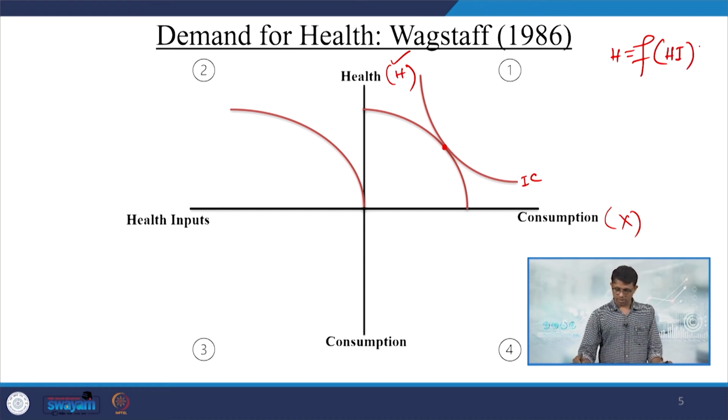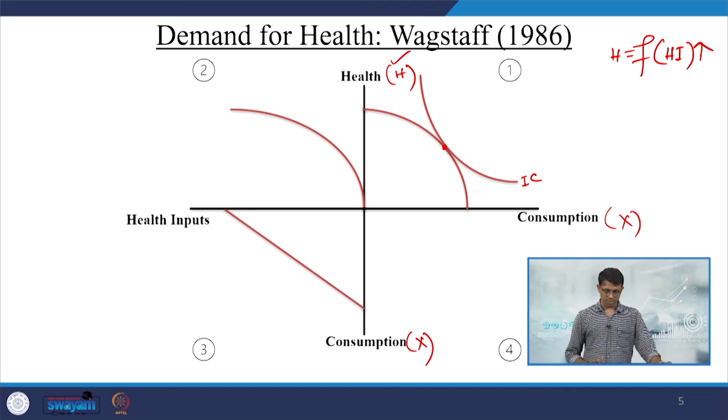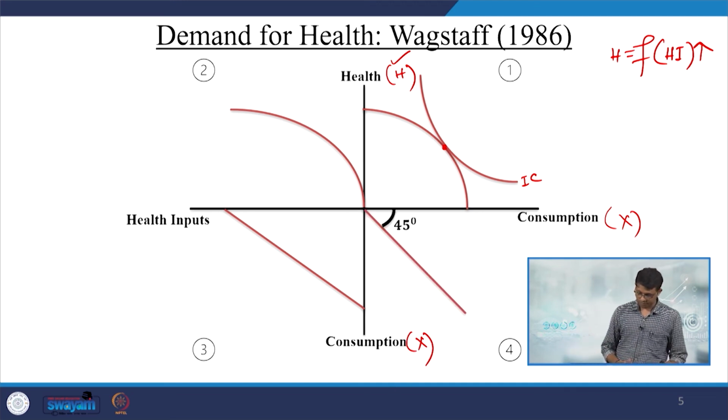So it is upward sloping, and it is attached with the diminishing returns to scale principle as well. Hence there is a backward bending direction as well. Now in the third one we are explaining how the budget is allocated between health inputs as against consumption goods, to maximize our satisfaction or utility through maximum production.